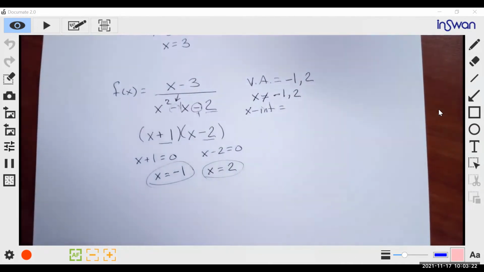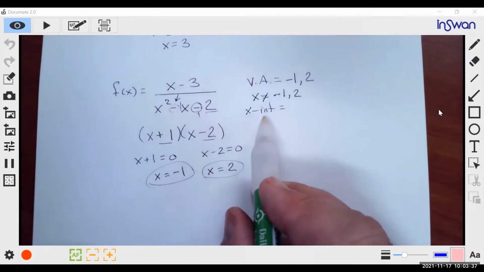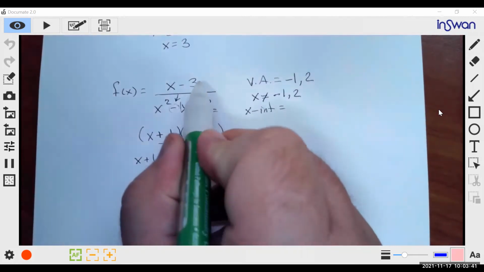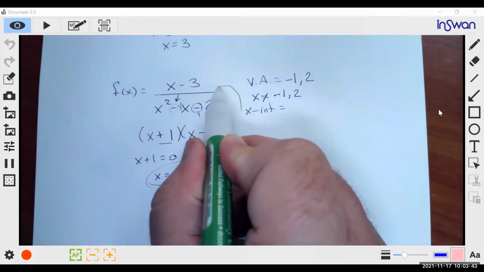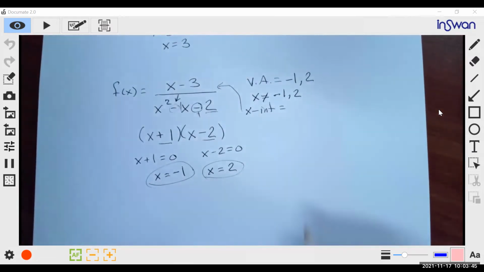What's the x-intercept? No, the x-intercept. We're doing the x-intercept, not the domain. What's the x-intercept? 3. Yes. The x-intercept only comes from the top equaling 0.